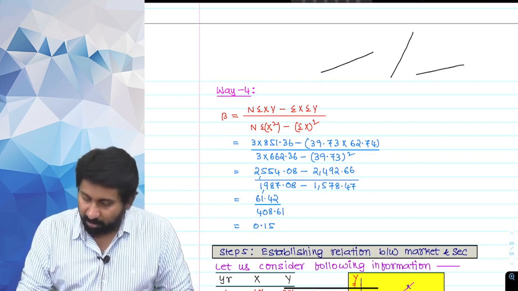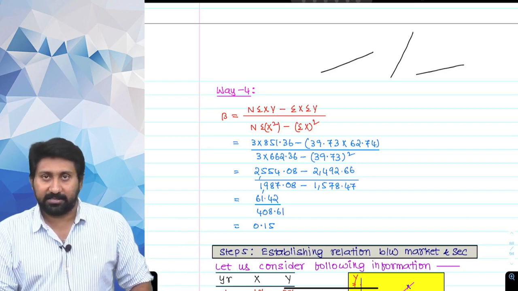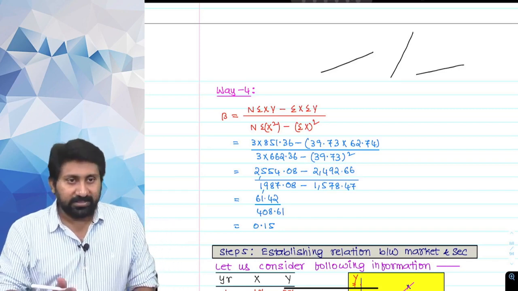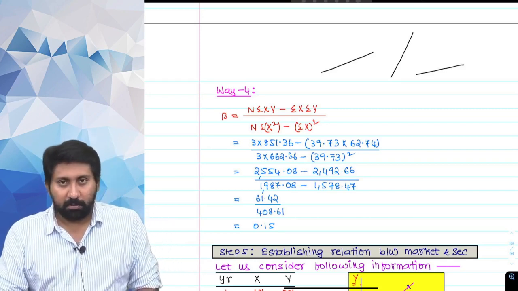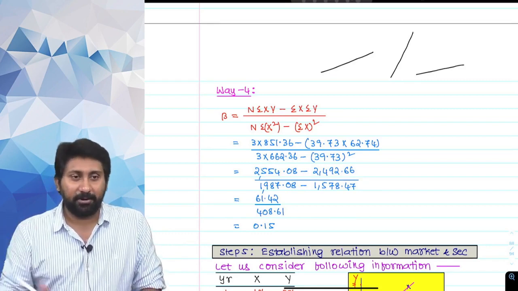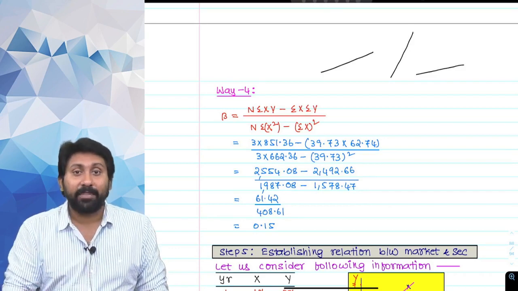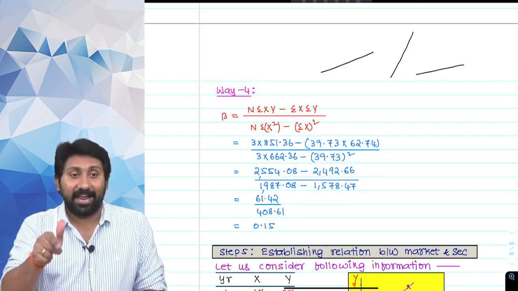What is the meaning of the first line? What is the meaning of the second line? What is the meaning of the third line? I don't know. Why? There is no meaning for a line unless it is drawn on a graph.